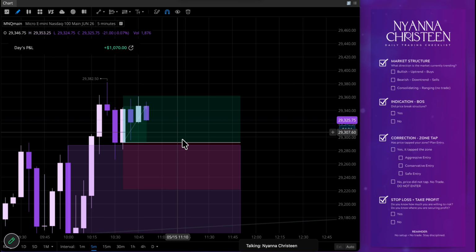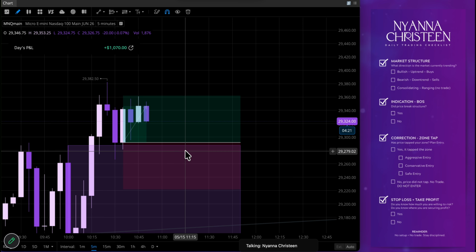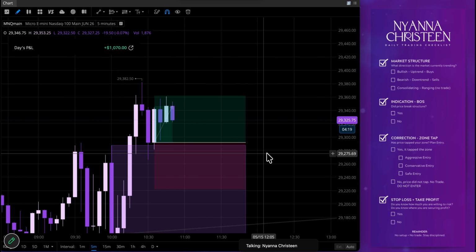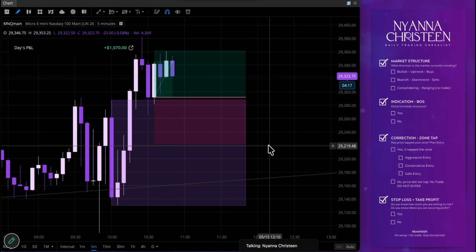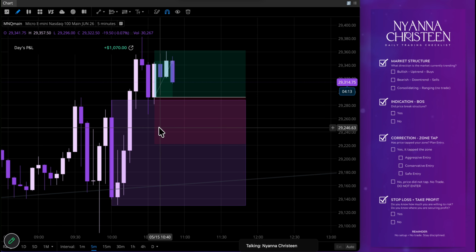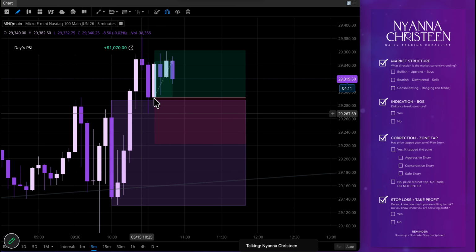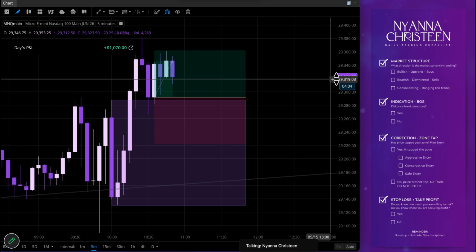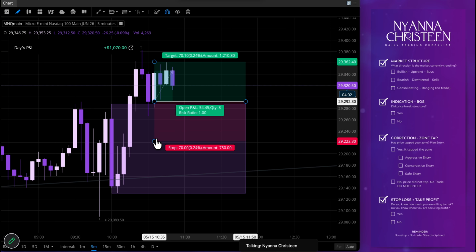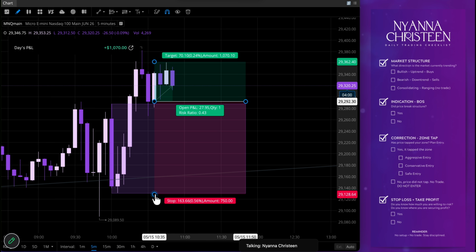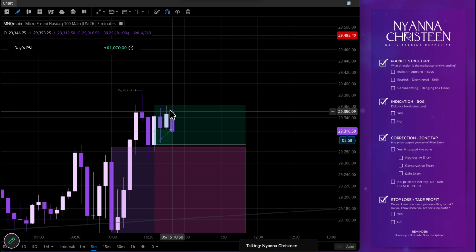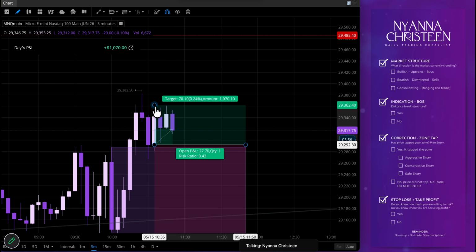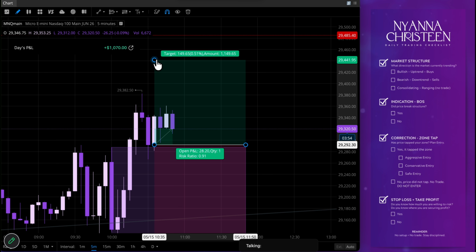Again, you can. If you want to just trust your system and process, it's not in the zone. It didn't close in the zone. So far, all the candles have been closing outside the zone. It tapped the zone. If you followed all your rules and you're willing to sit through, go right ahead. But usually this would fill up the whole zone, so a 1-to-1 wouldn't even be until up here.